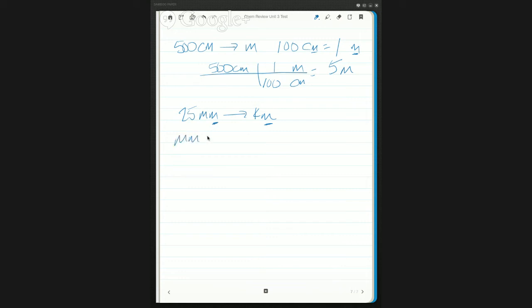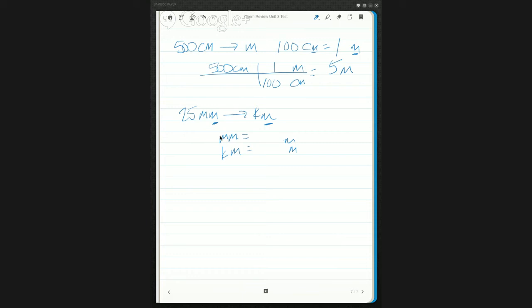So millimeters, I didn't give myself enough room. Millimeters equals meters, and kilometers equals meters.